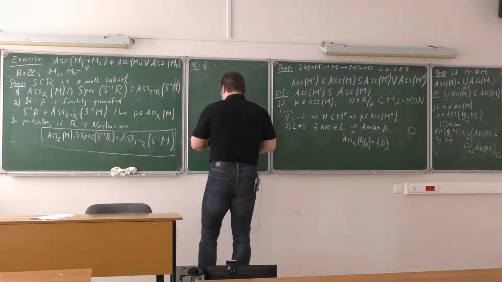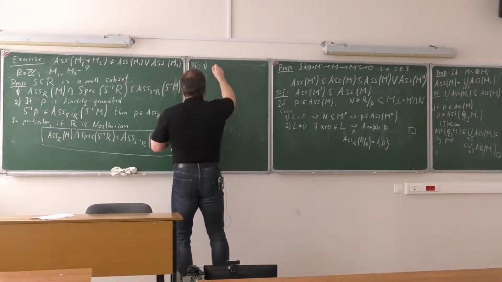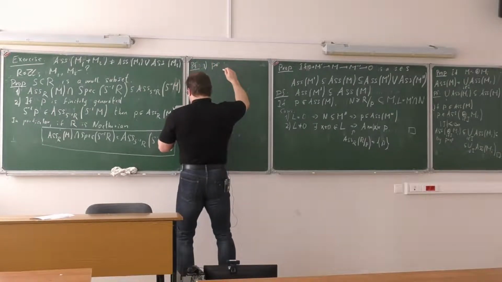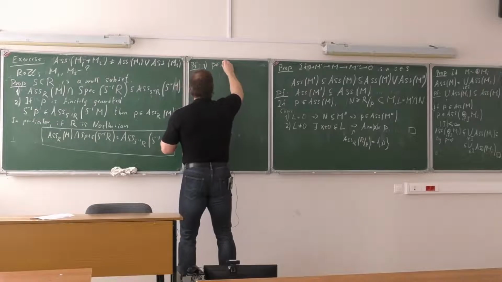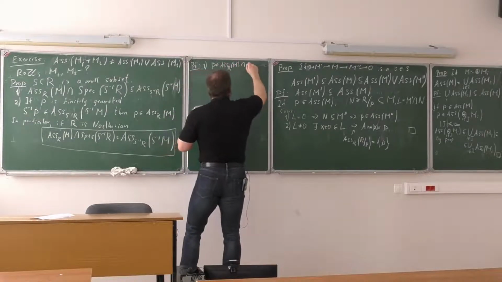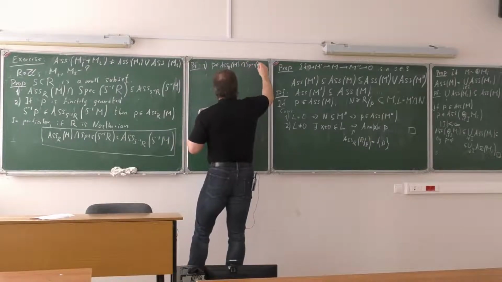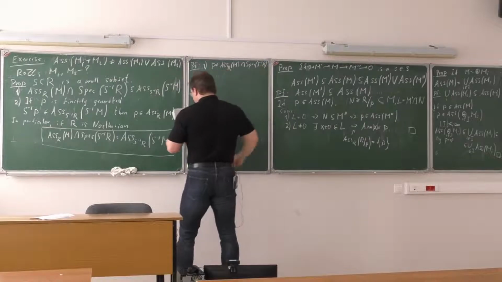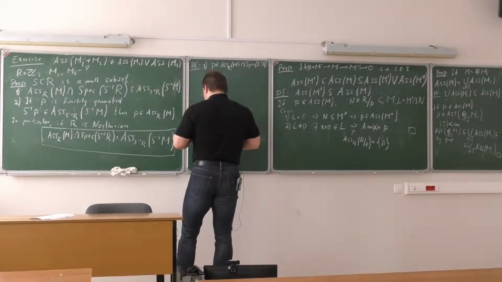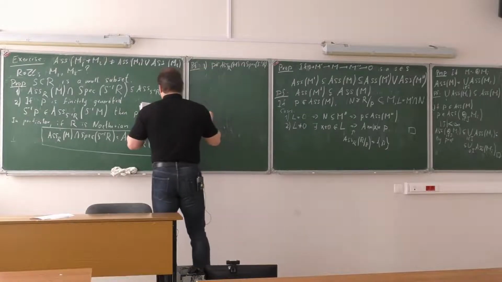Okay, so we start with the first part. So let's take a prime ideal P, which belongs to the left-hand side. So this is associated to the M over R, and also in the spec of the localization. Okay, so the proof is quite easy.